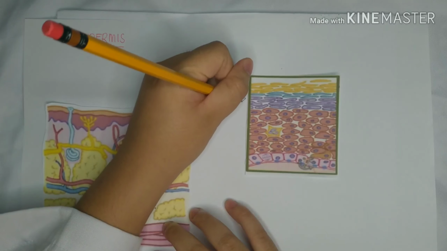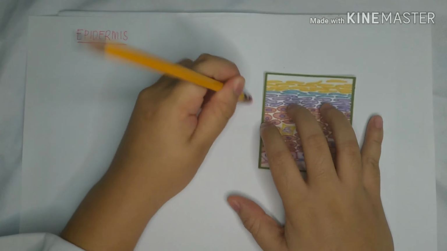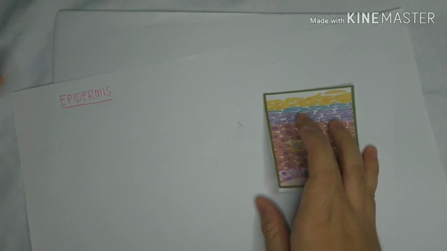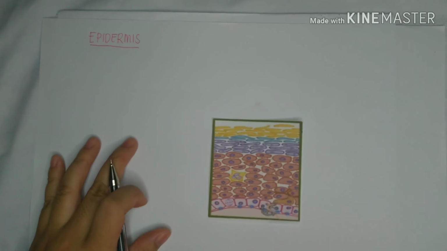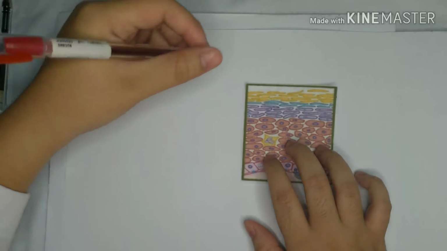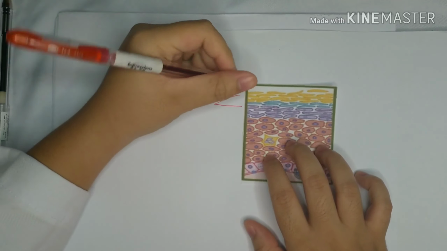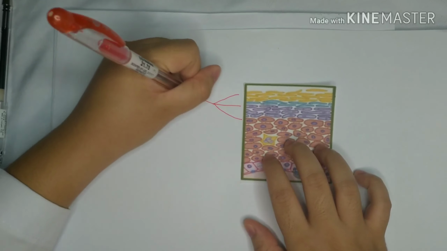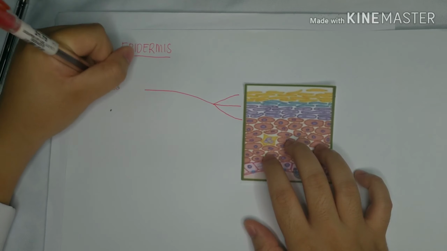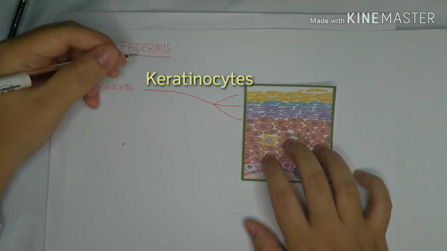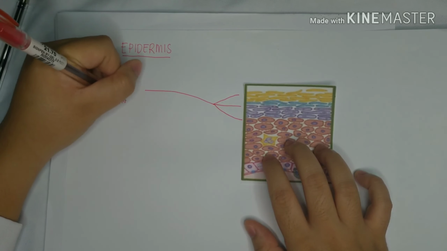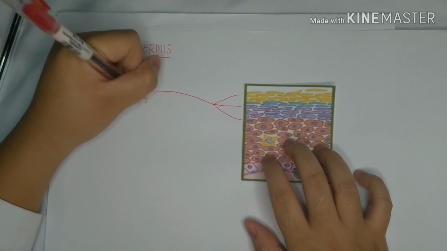The epidermis itself is made of multiple layers of developing keratinocytes, which are flat, pancake-shaped cells that are named for the keratin protein that they are filled with.